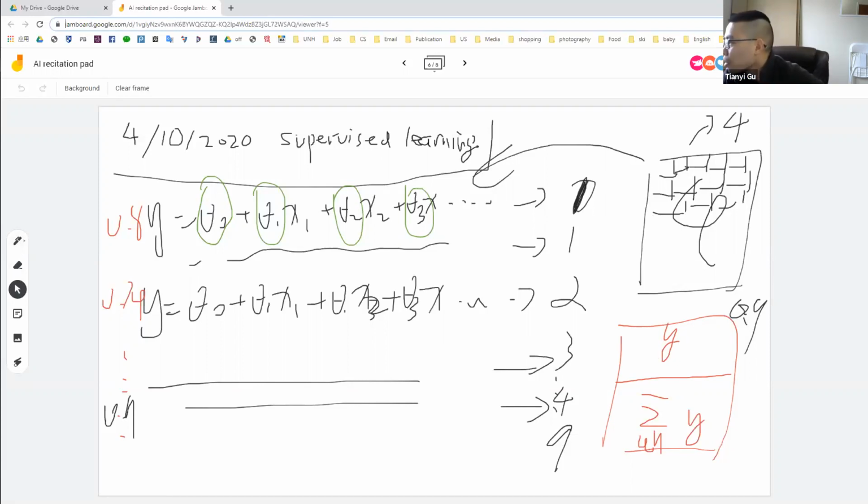Connor has a question. Since we're dealing with 200 values, we'll have 201 theta values.